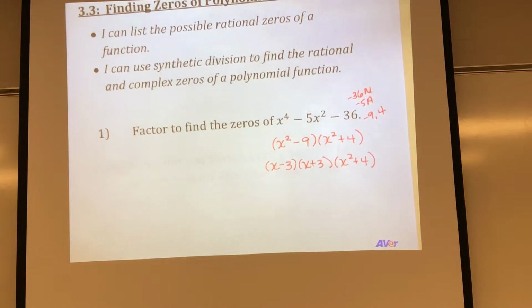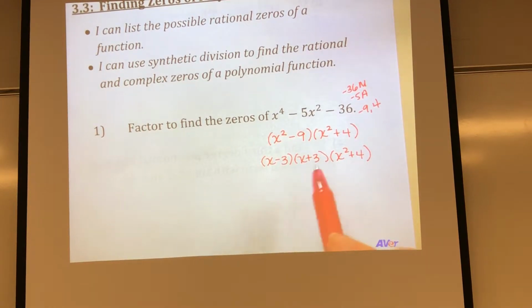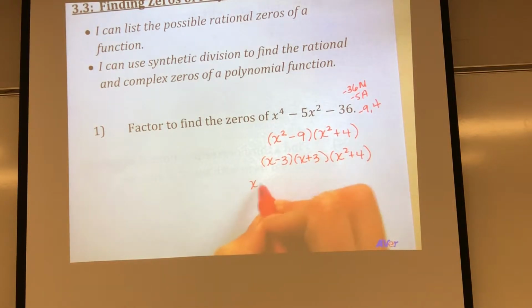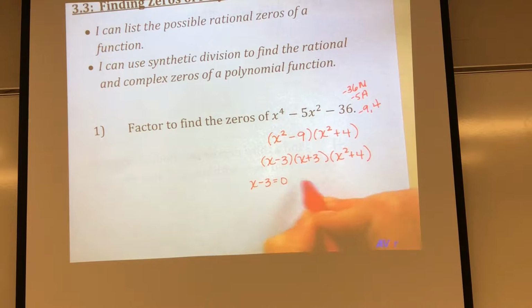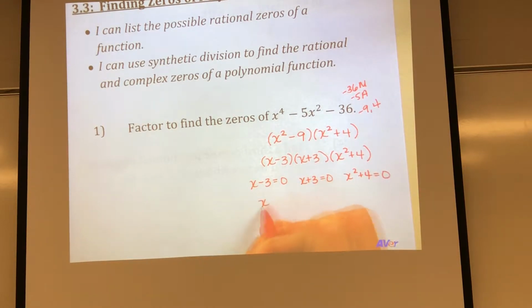And since it said we're going to use factoring to find the zeros, after we get them all factored, we're going to set each one equal to 0 and solve. So x minus 3 equals 0, x plus 3 equals 0, and x squared plus 4 equals 0. So we have x equals 3, x equals negative 3, and x squared equals negative 4.